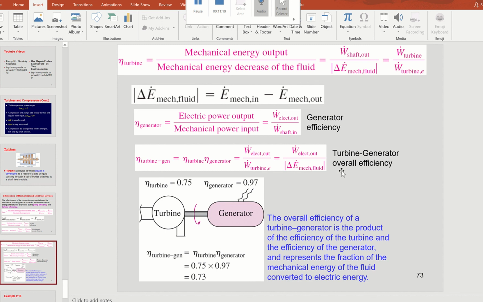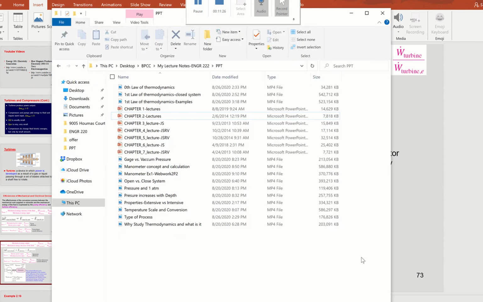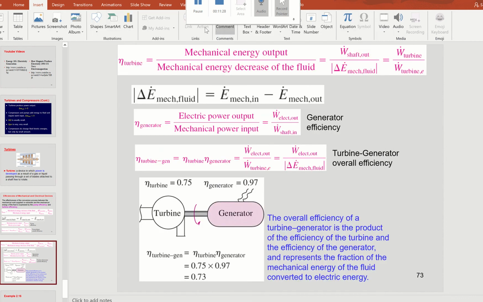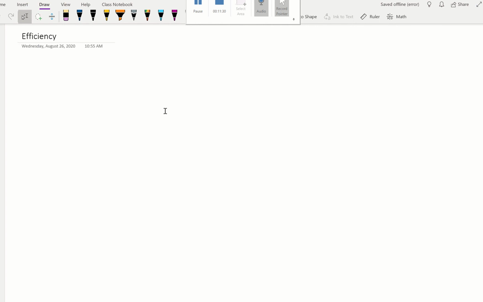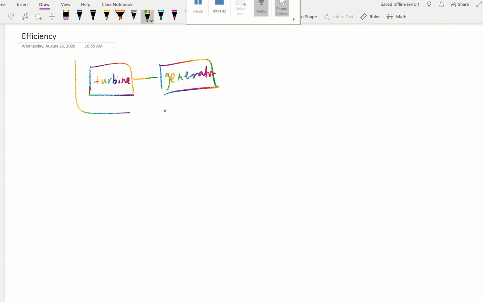Now I'm actually going to challenge you to look at this overall. For example, we said that this turbine is connected to this generator. If you look at this box together, your ultimate output is electric work.